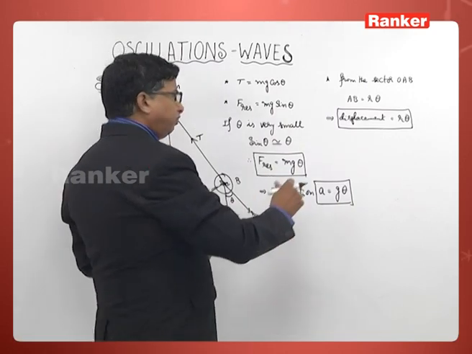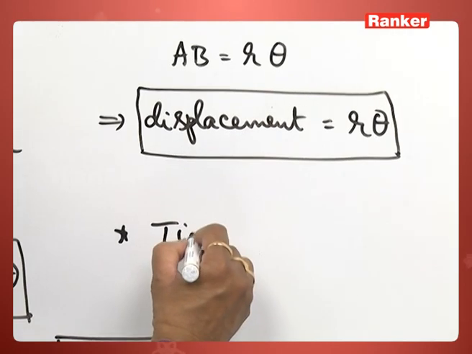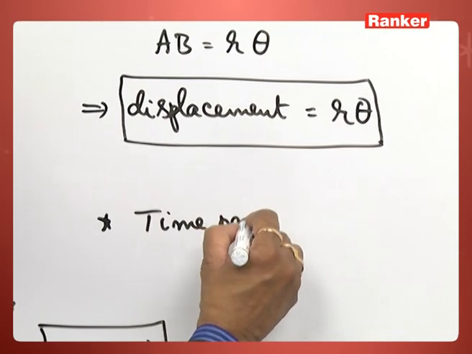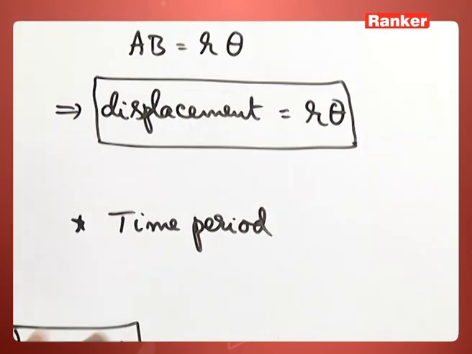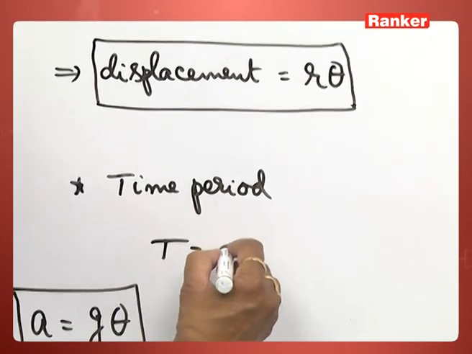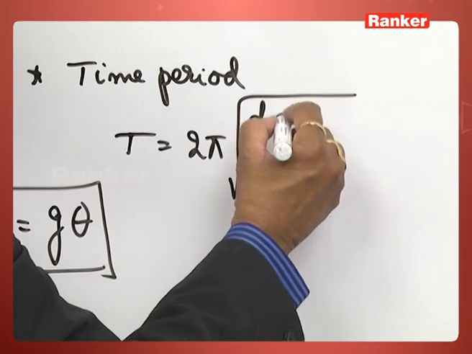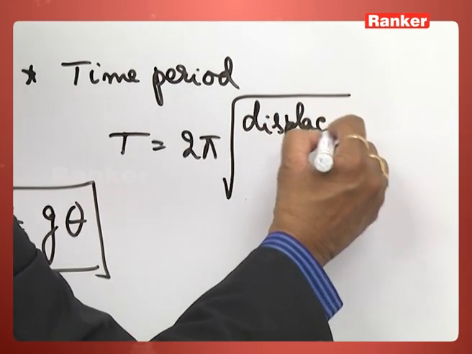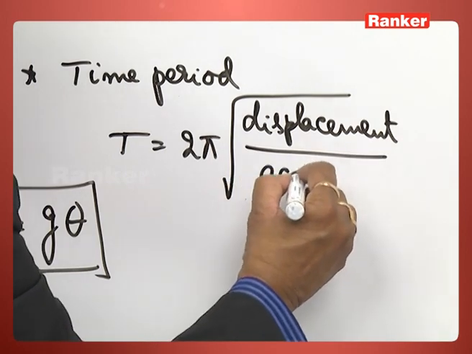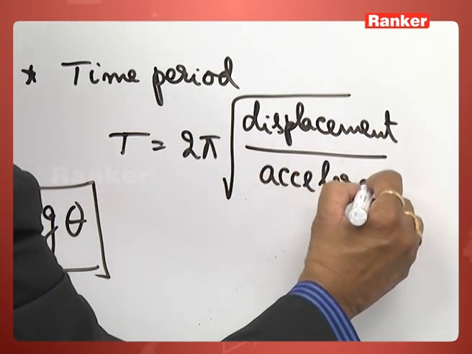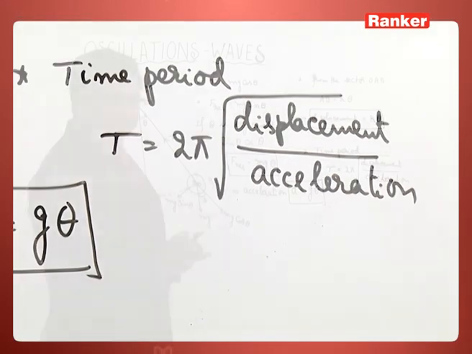Every one of us knows directly that the time period of any body in simple harmonic motion, T, is equal to 2 pi under root displacement by acceleration. This is the basic equation we have taken up in this chapter.